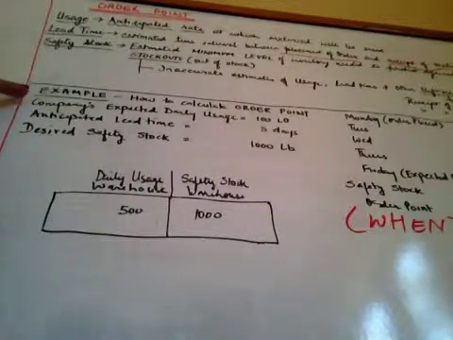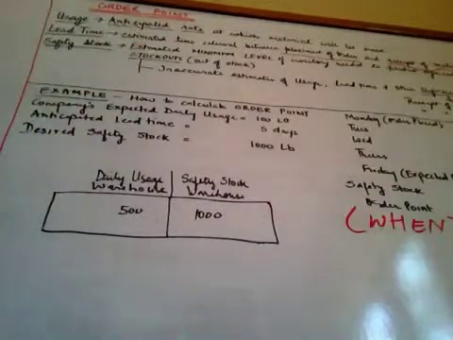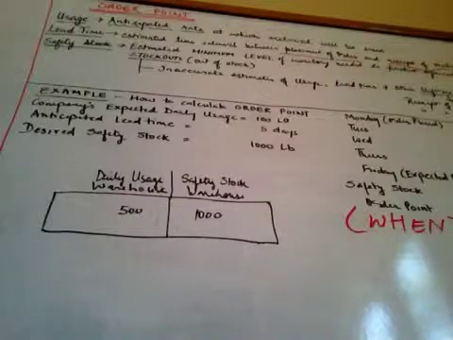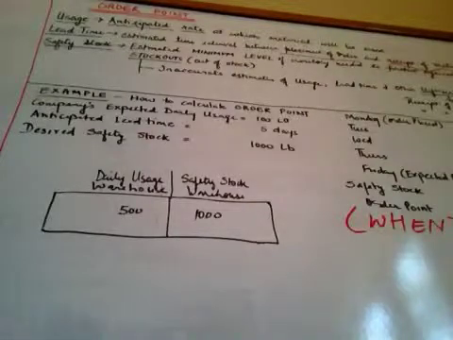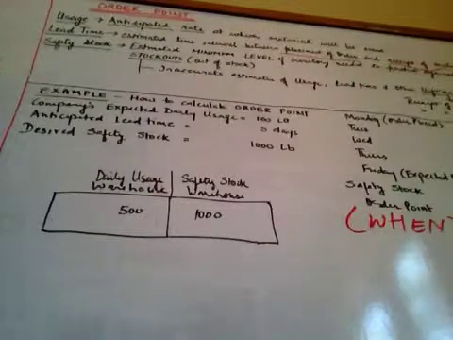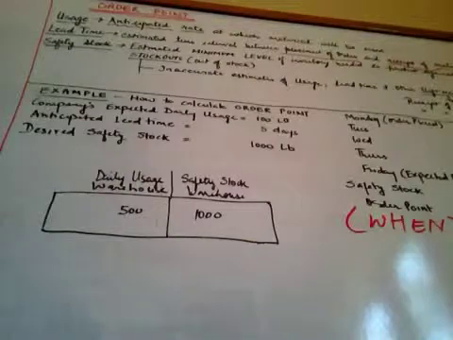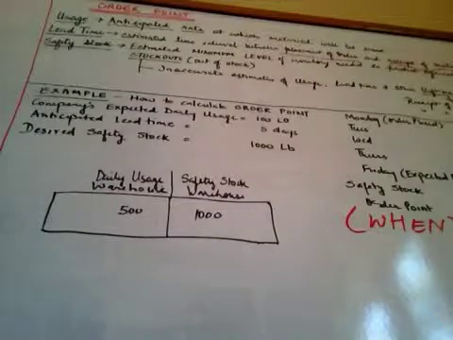Now here I have an example of how to calculate the order point. How does the company decide when to order? Again, three things should be kept in mind. Let's say that the company expected the daily usage of material to be 100 lb, and the anticipated lead time is 5 days.